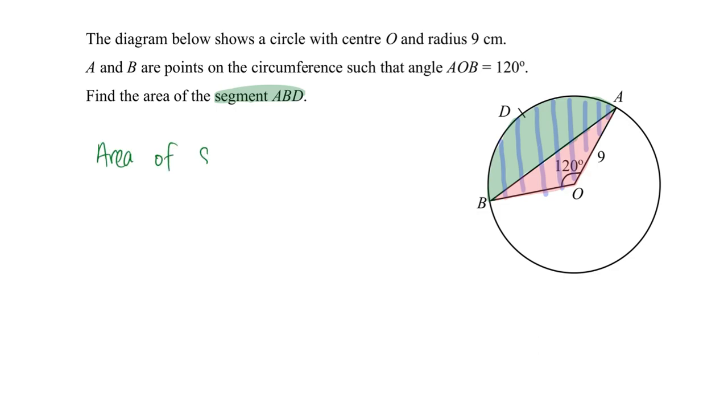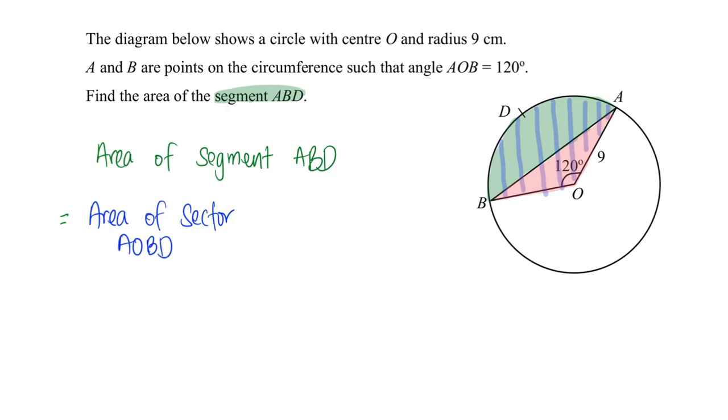So area of this segment, the green color area, is simply equals to the blue color area of the sector, in this case, AOBD, minusing away my area of the triangle, AOB.